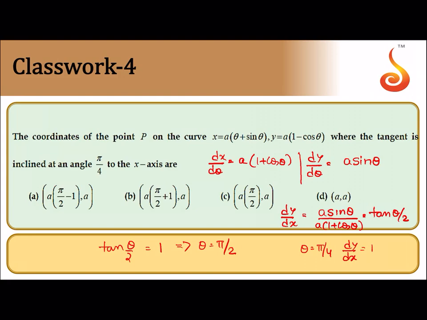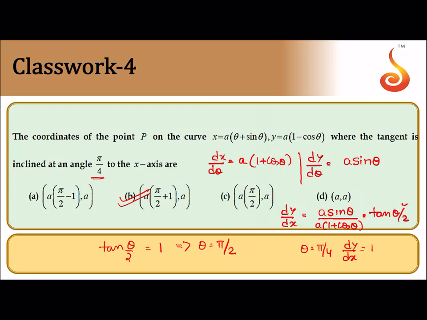So dy by dx is equal to 1. They gave you dy by dx is equal to 1. So tan theta by 2 is equal to 1. This implies theta is equal to pi by 2.